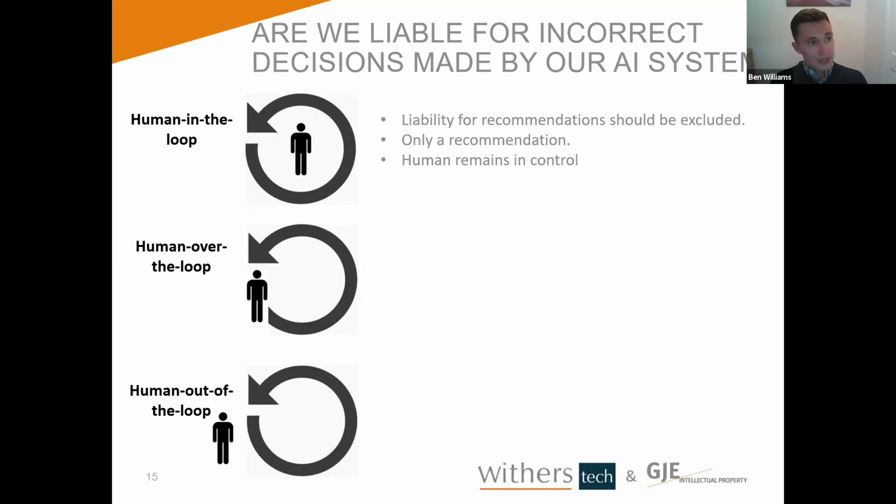The reason for that is because the artificial intelligence system is really just delivering a recommendation. It's nothing more, it's just a recommendation, and the human at all times remains in full control. So if the recommendation turns out to be wrong, it would be inappropriate for liability to rest with you.